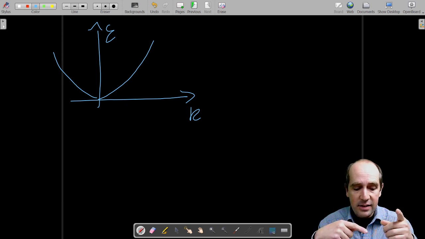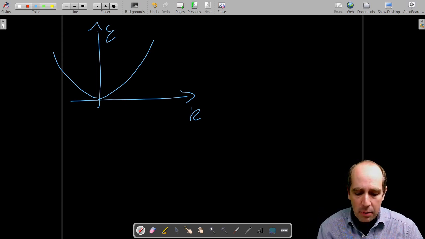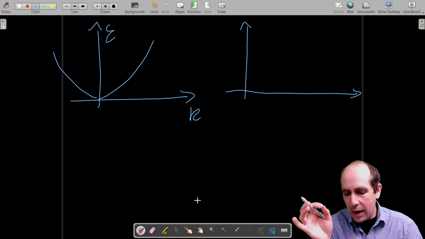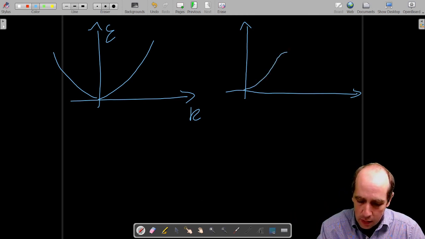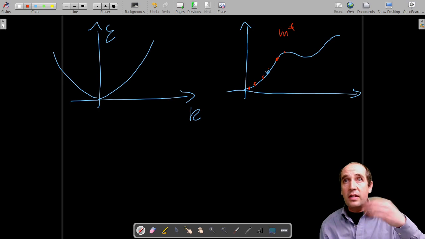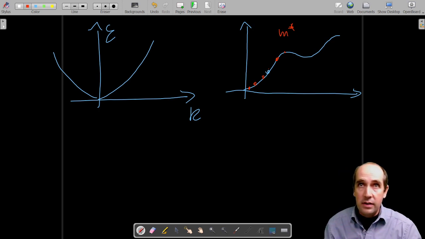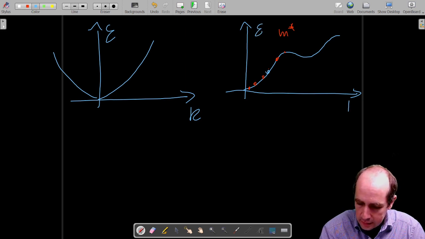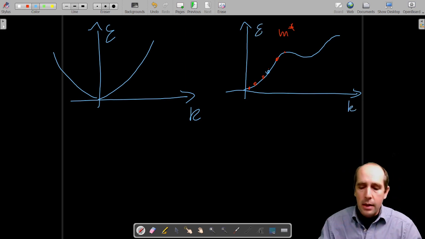The effective mass has to do with the curvature of this parabola, and in more realistic scenarios in which the band structure is not a perfect parabola but a more complicated curve, locally for each one of these points we will actually have a different effective mass, which we denoted by m star, which is essentially the reciprocal of the curvature of this curve that relates the k vector with the energy.